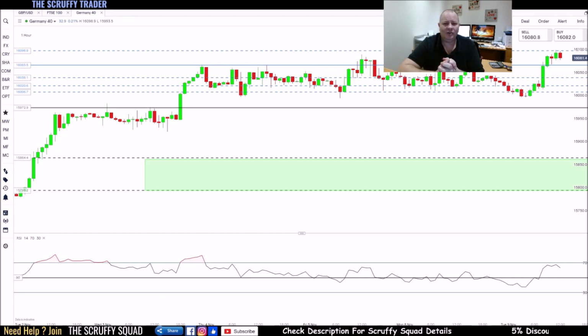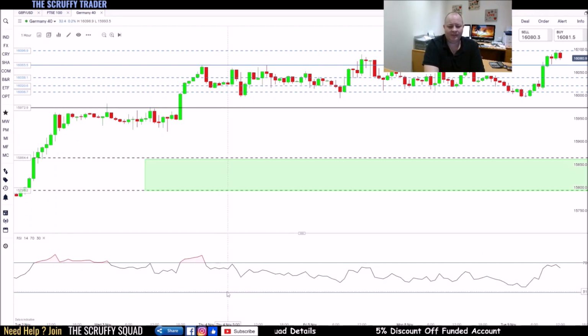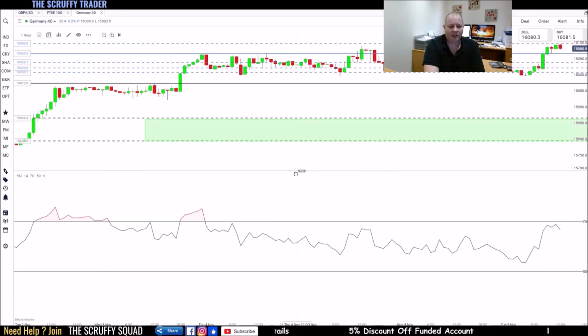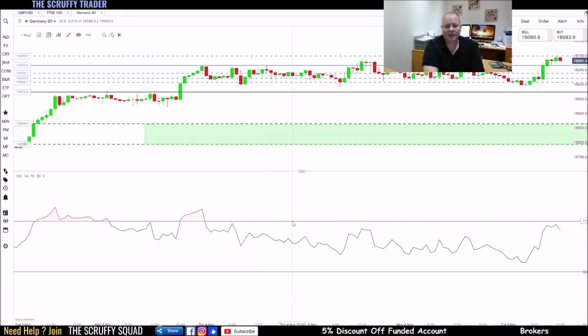You just need to know what to look out for. At the moment I have an RSI on here, and I'll stretch it up a little bit so you can see it. An RSI standard setting is 14. You'll often find 14 is the standard setting for most indicators.